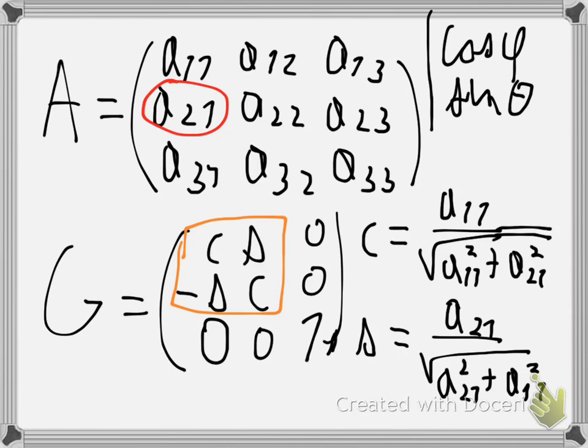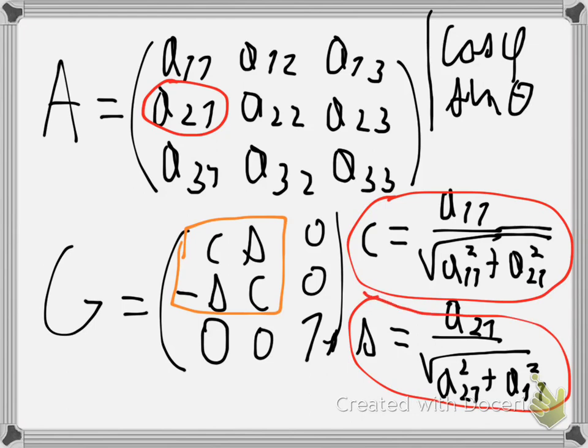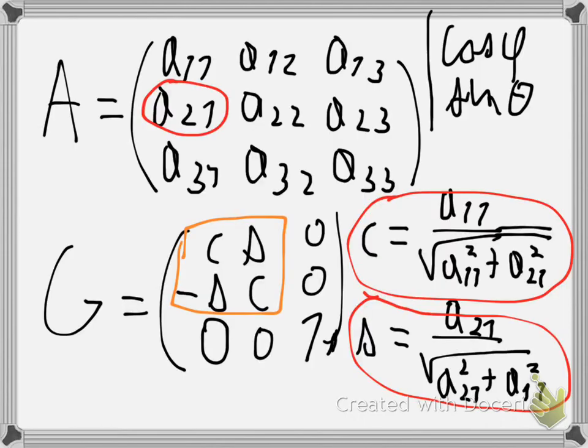We just need these formulas here. This formula comes from the fact that the square root of the sum of these two elements squared can be seen as the hypotenuse.